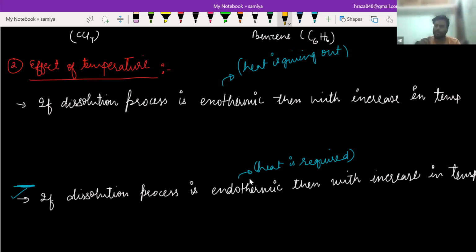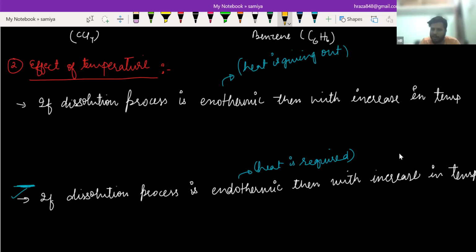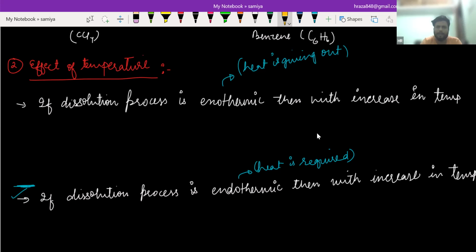If you are going to increase the temperature, will heat increase or decrease? Increase. It's obvious. Initially it is 5 degrees centigrade, and you are going to make it 25 degrees centigrade. So the temperature has increased, that means you have given heat.